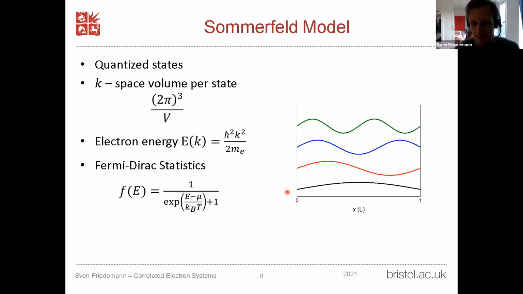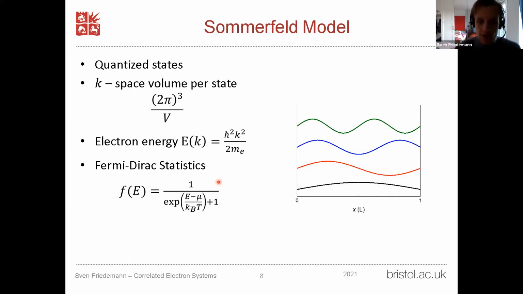So first electron in the lowest energy state, next electron in the next higher energy state, and so on. We fill up until all electrons that we have to fill in are in those states. And that brings us exactly to the Fermi energy. So we fill up to the Fermi energy.